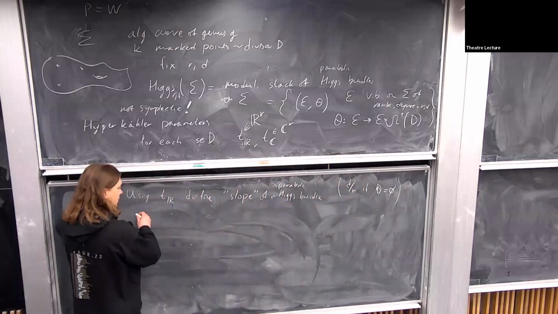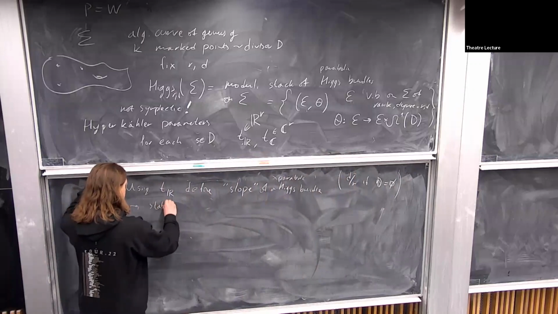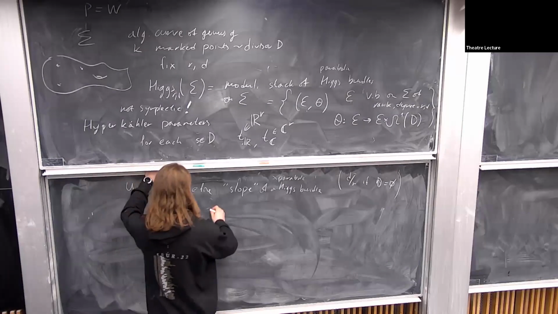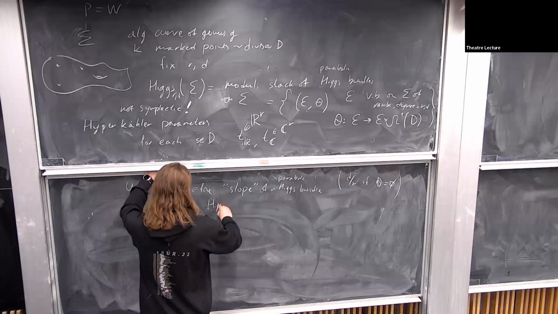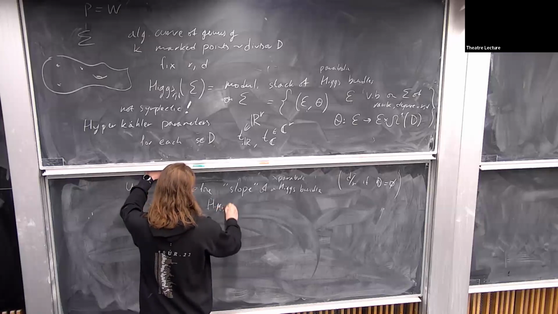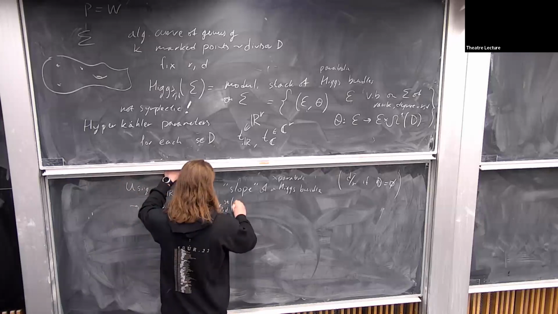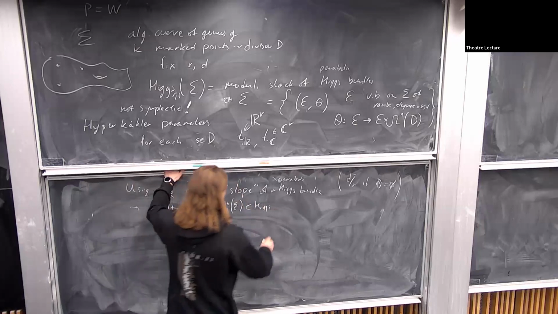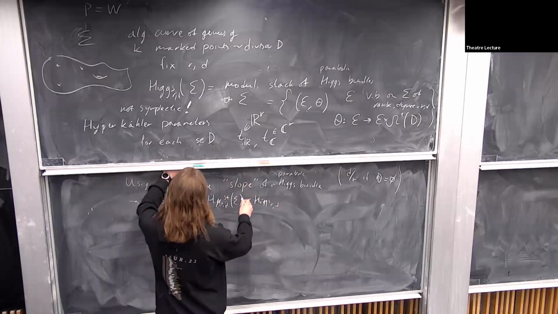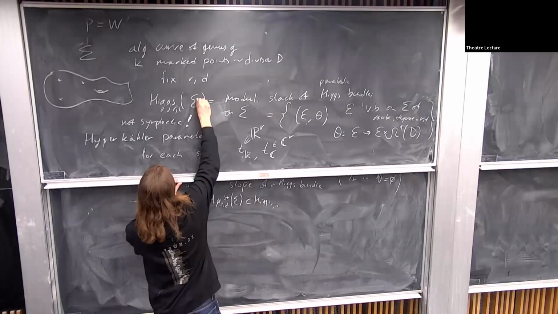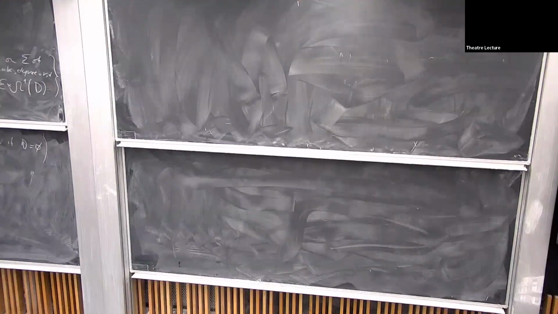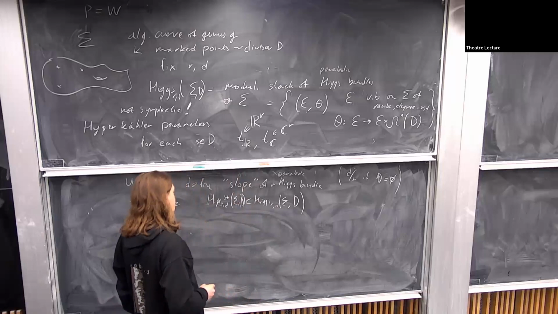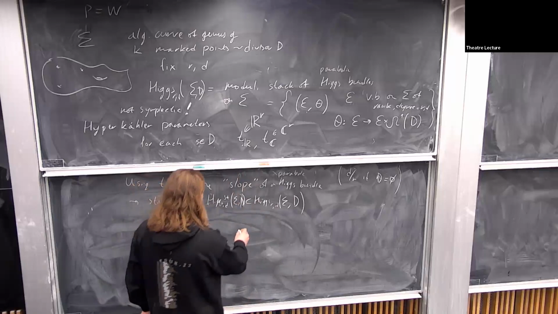And then this gives us a notion of stability. So we can get a stack of stable Higgs bundles inside all of them. Well, I have to put D here in the notation, but it's a bit ugly. And this is open.